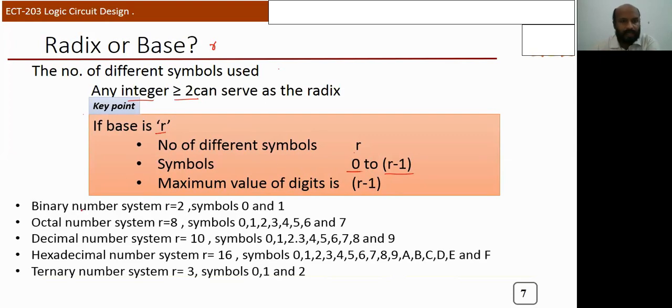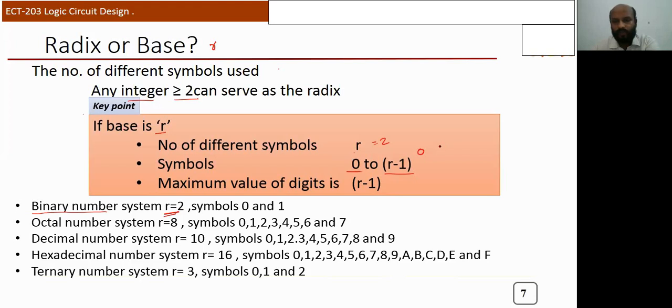For example, if you are considering the binary number system, binary means 2. So the base or radix of the binary number system is 2, r is equal to 2. Symbols used in a particular number system are from 0 to r minus 1.